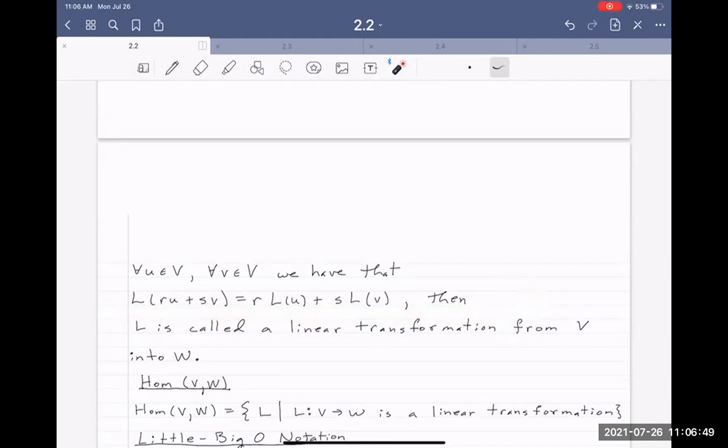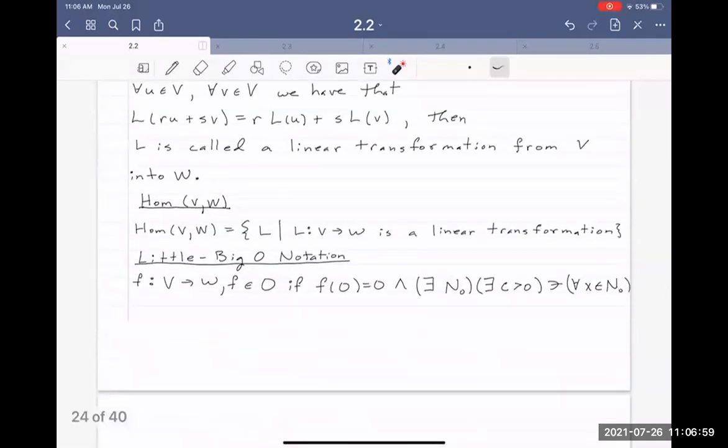If this happens, then L is called a linear transformation from V into W.